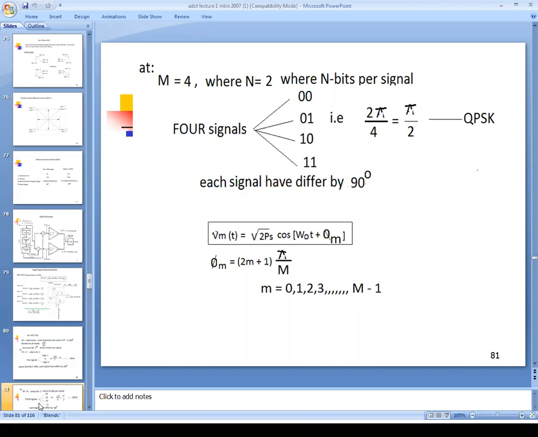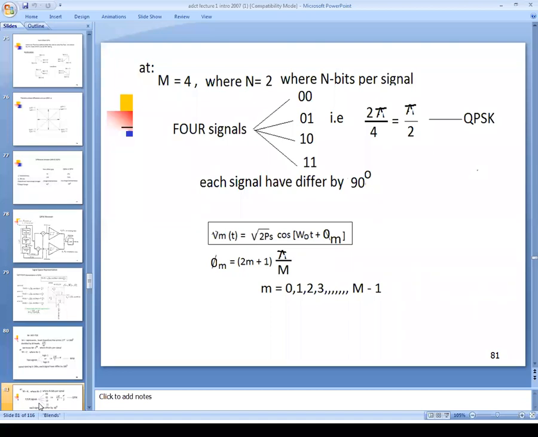Students note that equation there. For M-ary PSK, Vm of t is equal to root 2 Ps cos omega naught t plus phi m, where phi m is equal to (2m plus 1) into pi by M, where small m is equal to 0, 1, 2, 3, up to M minus 1. If M is equal to 4, up to 4 minus 1, 3. That means 0, 1, 2, 3.